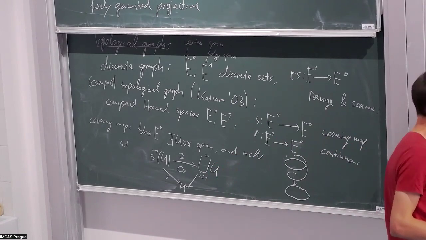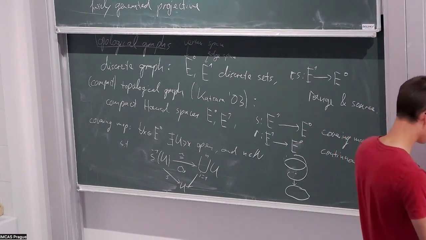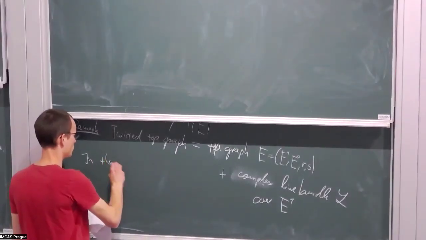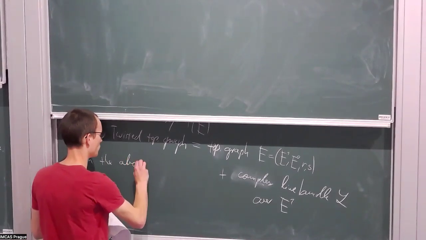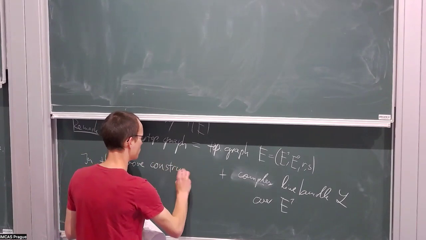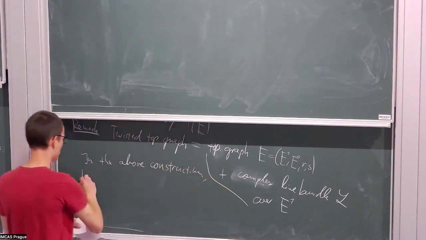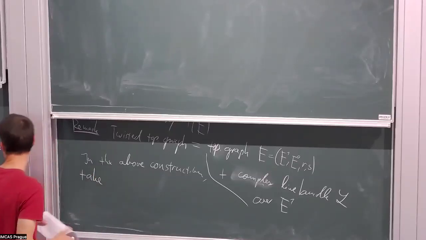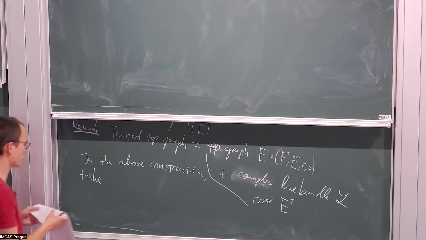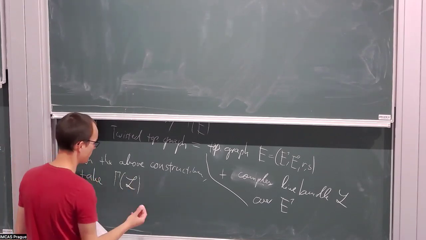Now you can again construct a C-star correspondence. And we construct it in exactly the same way as before. Just that instead of taking continuous functions on the edge space, we take continuous sections of the line bundle.